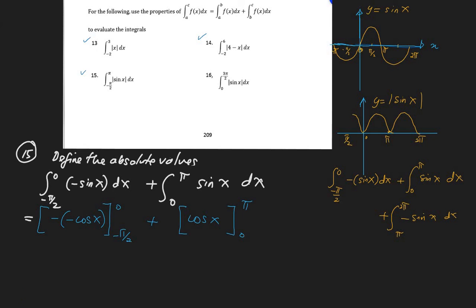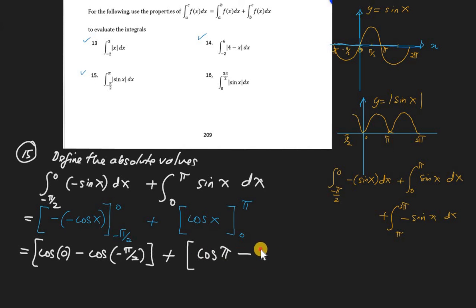Let me write it first. I'm simplifying it first to become positive cosine. So let's replace the lower boundary, and then plus replace the upper boundary, cosine pi, minus replace the lower boundary, cosine 0.